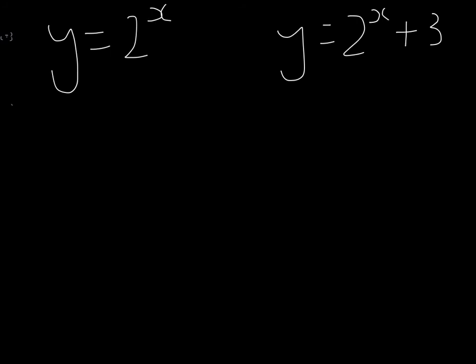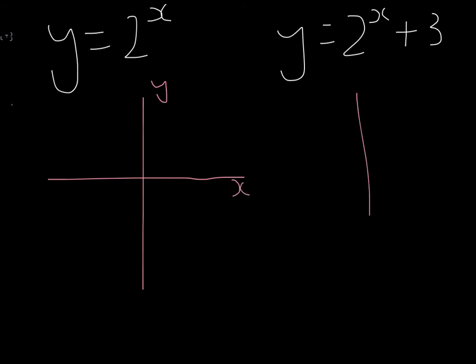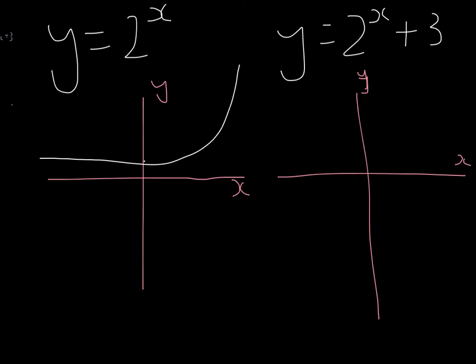Okay, let's draw our axis again. One there. That's better. Another one here. So y equals 2 to the power of x. Normal shape. Intercept at 1. Asymptote there.